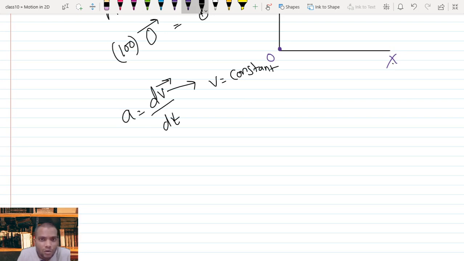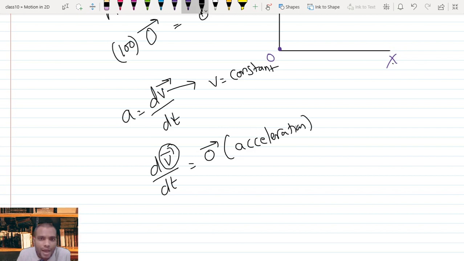What is the differentiation of a constant? In this case it goes to 0. So 0 is a vector, and here the acceleration is represented by the zero vector. Since velocity is a constant, the differentiation of a constant value goes to 0, and that 0 represents the acceleration.